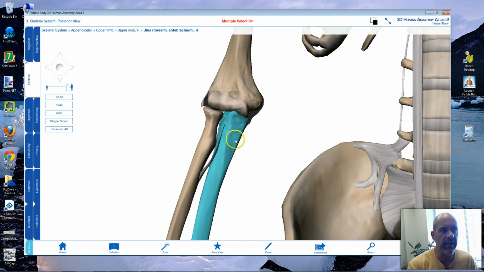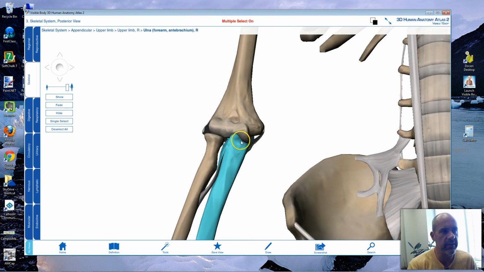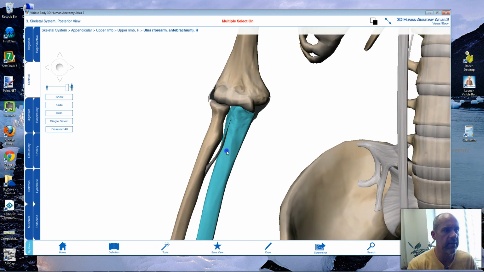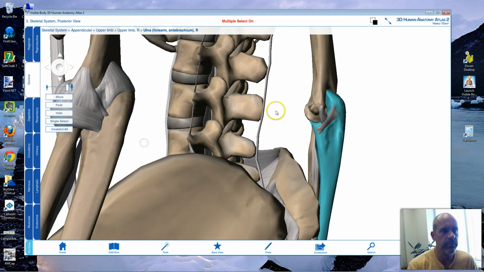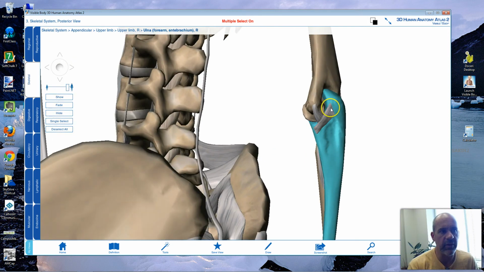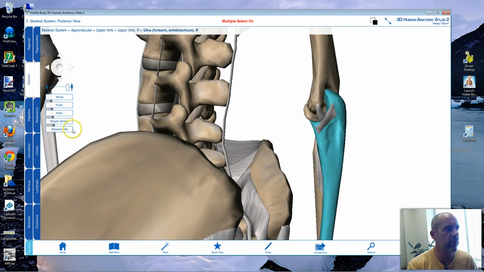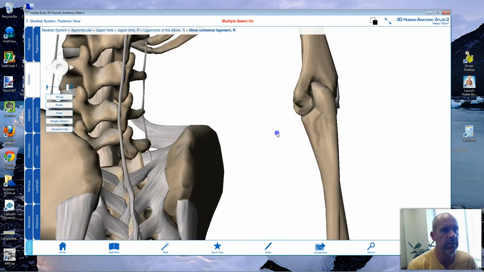The coronoid process, that little pointy projection you can see, rotates into the coronoid fossa on the humerus. And then around here on the back side, you have the olecranon process, this larger claw-shaped feature that rotates into the olecranon fossa on the posterior side of the humerus. Get rid of those guys as well.